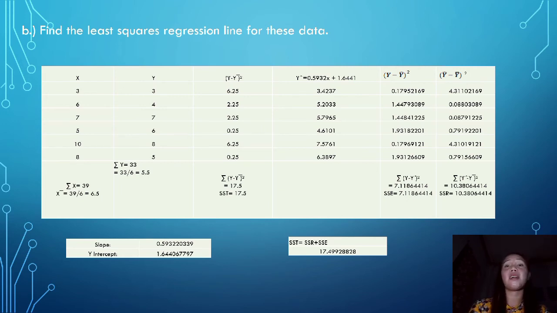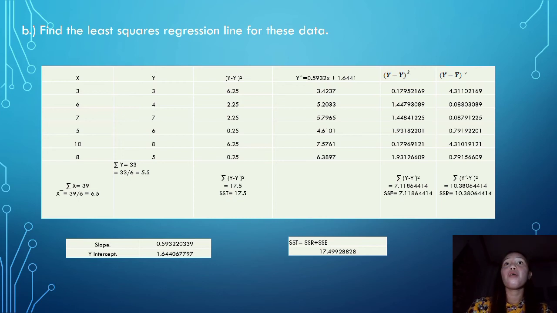With the next formula, we have y minus y hat, then squared. So the y in the given problem, for the first data, y is 3. So 3 minus the y hat, and we already got the result for y hat.